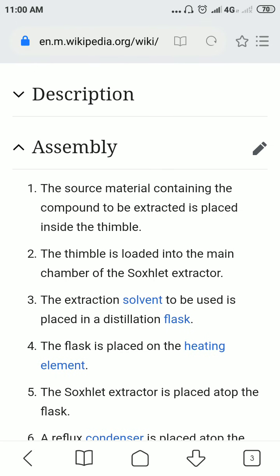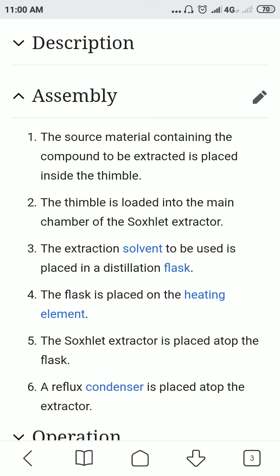So Soxhlet assembly contains three parts. Upper one is the condenser, middle one is the Soxhlet extractor, and below one, the bottom one, is the round bottom flask. The round bottom flask contains the solvent which we are using for the extraction process.